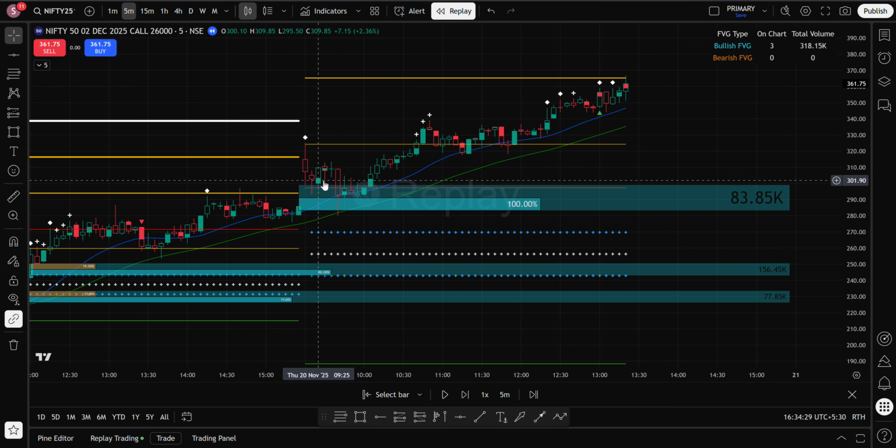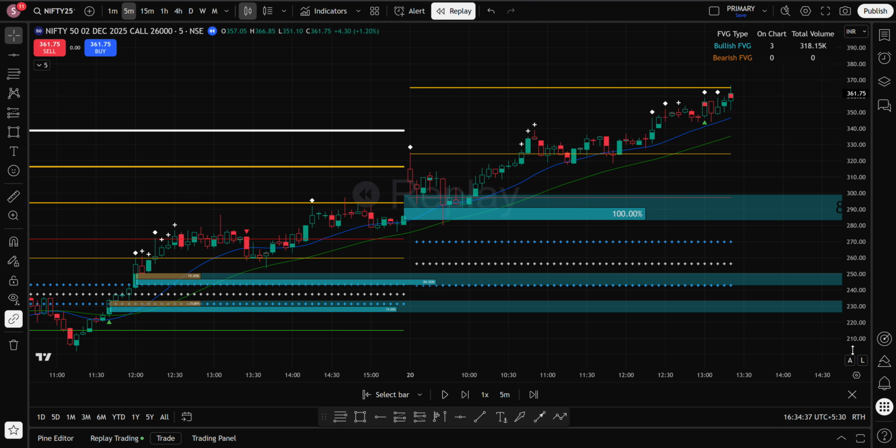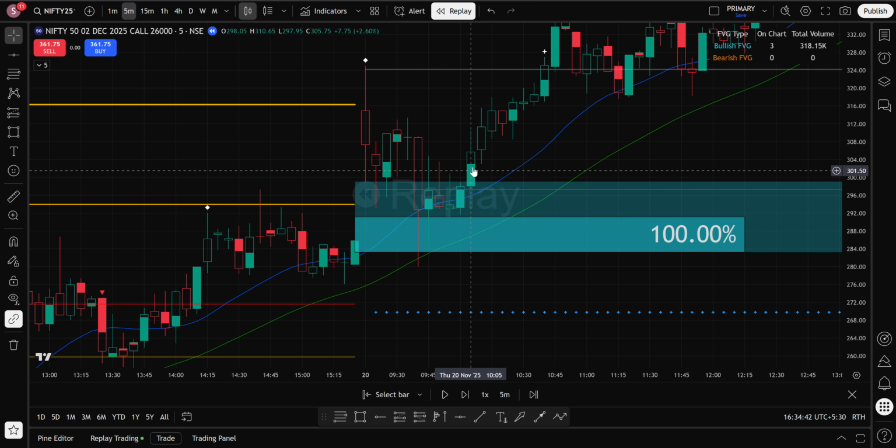Now back to the fillings. The filling of the color irrespective of the candle color is very, very important for us. What it means, I will tell you. See, if you see here, the green filling inside the candle is the aggressiveness of the buyers. From here to here, people continuously keep hitting buy, buy, buy. That is the reason it is filling with green.